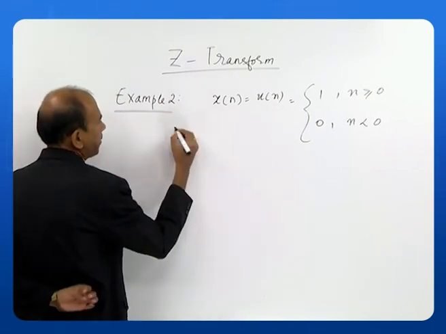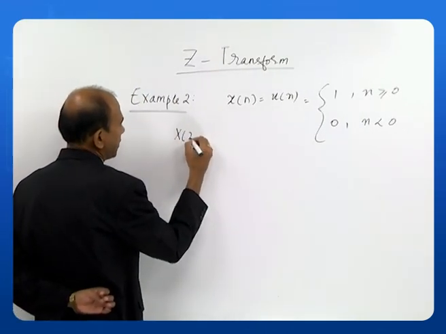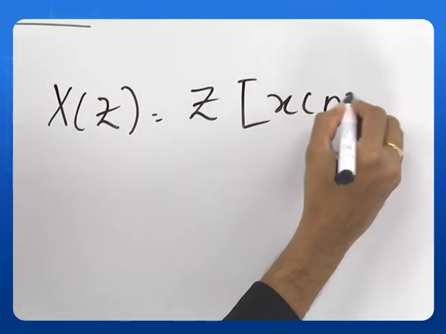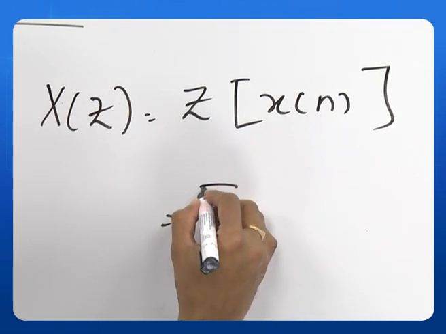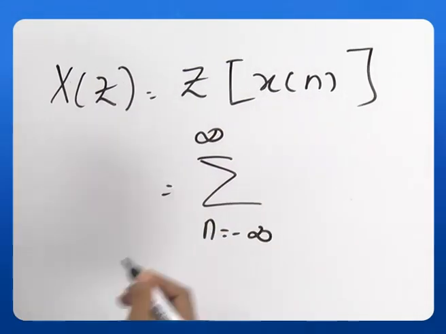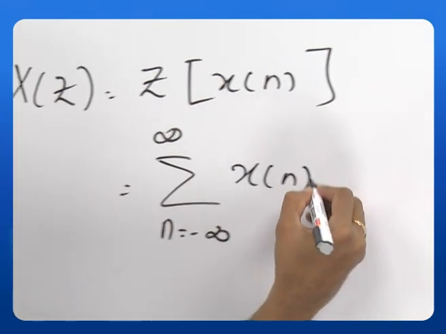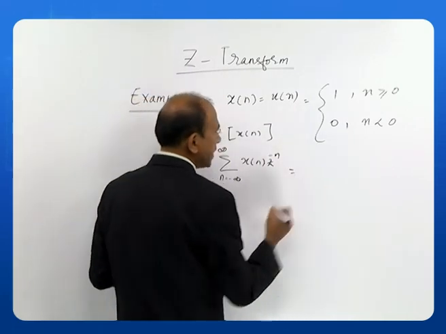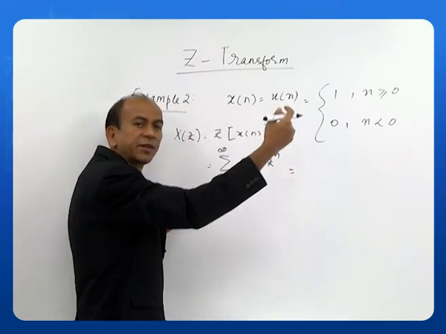So, X of z is the z transform of x of n, and this is given by the summation n equal to minus infinity to plus infinity of x of n z to the power of minus n. For us, this is a sequence which exists only for n greater than or equal to 0.